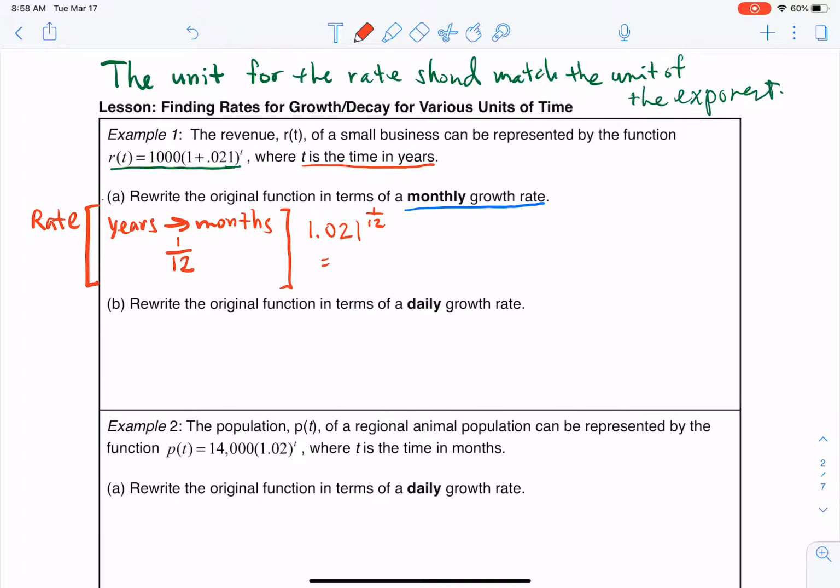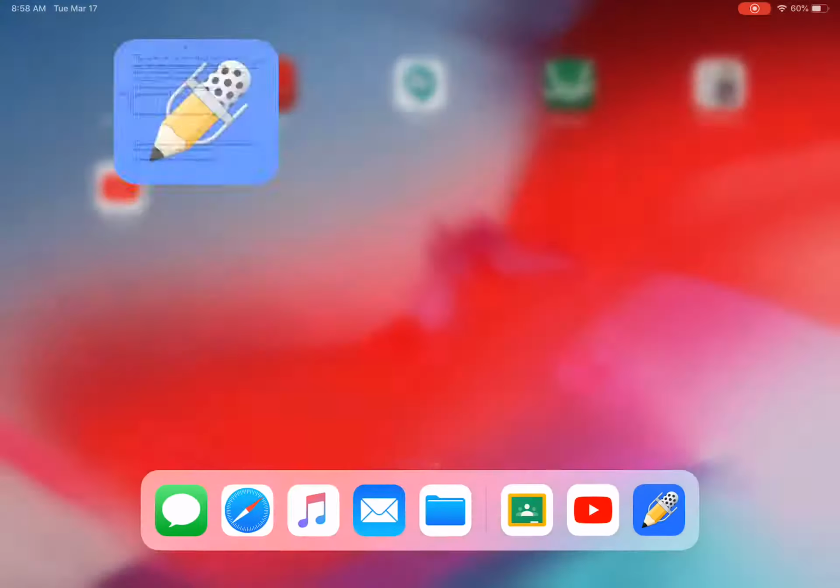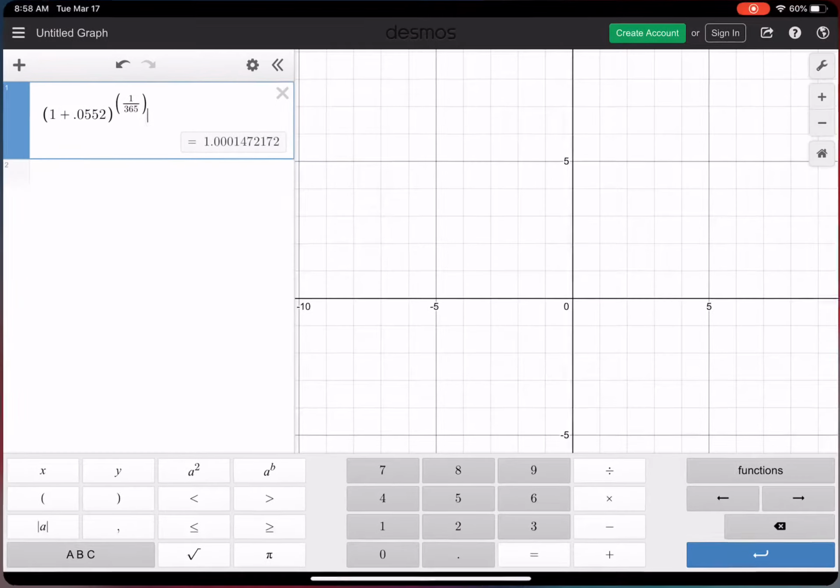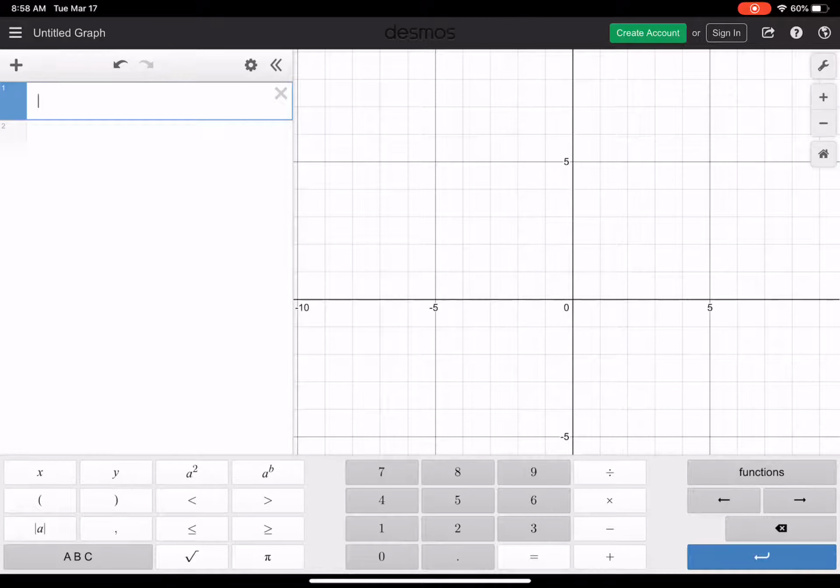To do that, we're going to need to get into Desmos or use some other calculator feature. So I'll go there now. That's going to be 1.021 raised to the power of 1 divided by 12.